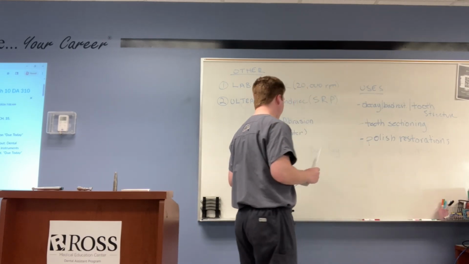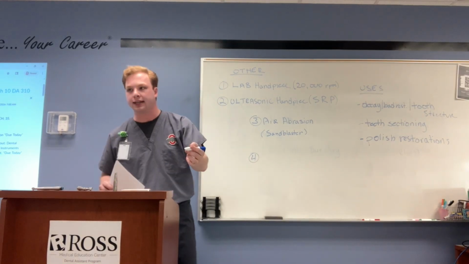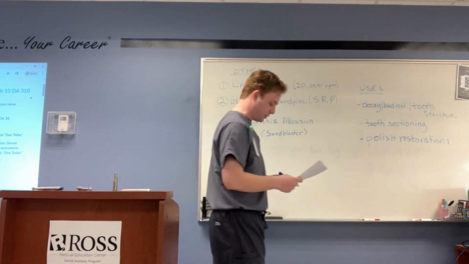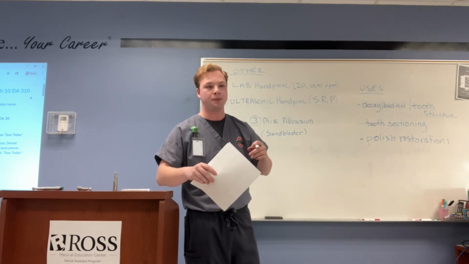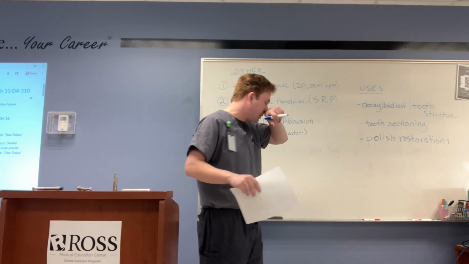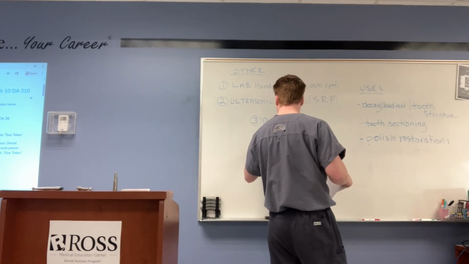But we also need to make sure we know what is actually coming out of that. It's something called aluminum oxide. It's a bunch of aluminum and oxygen coming together. So I'm gonna put aluminum oxide.